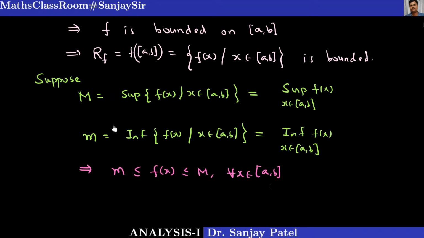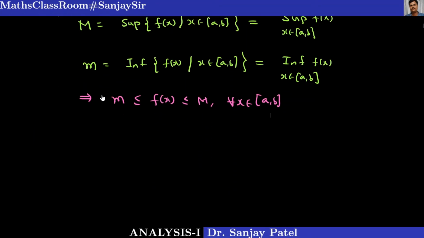And we'll prove the result only for, say, maximum value. That is, there is some point C in the domain that is closed interval AB such that f of c is equal to capital M. So what is our aim is this: small m less than or equal to fx less than or equal to capital M. Small m is the minimum, capital M is maximum.